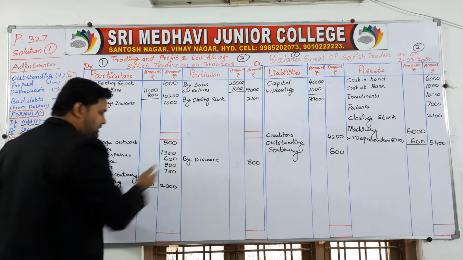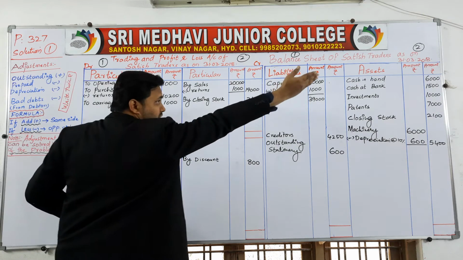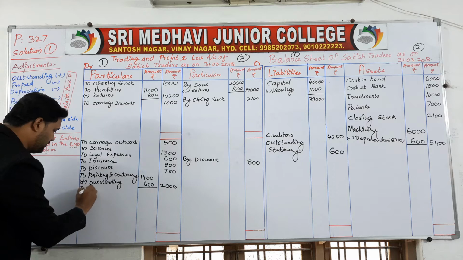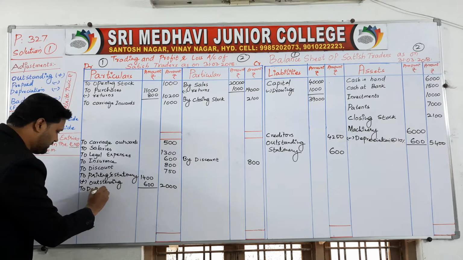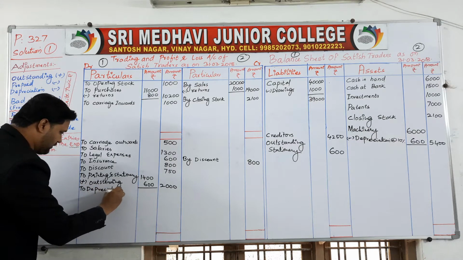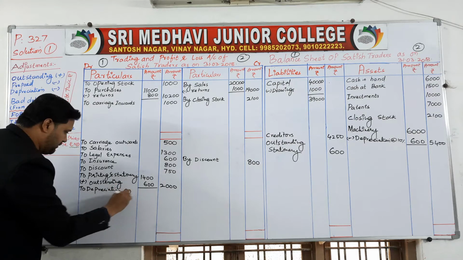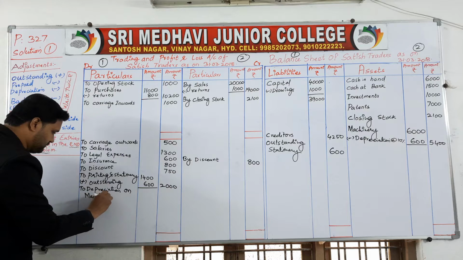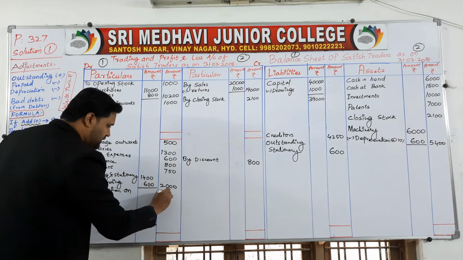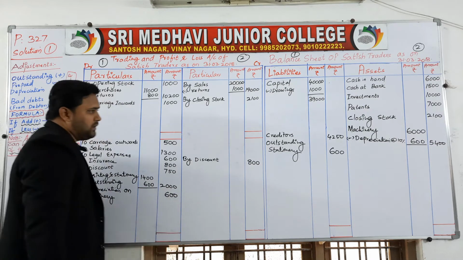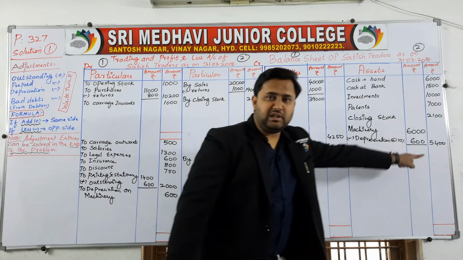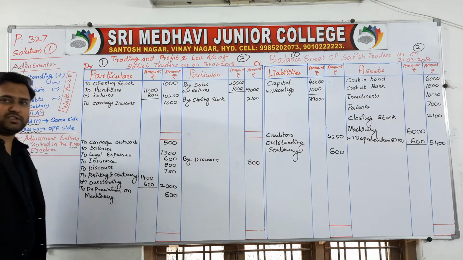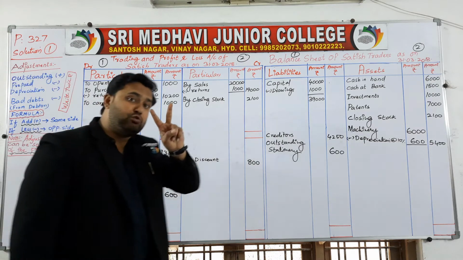Here, depreciation on machinery. How much? 600. That 600 depreciation you have written here. Depreciation on machinery. Now you have written twice.